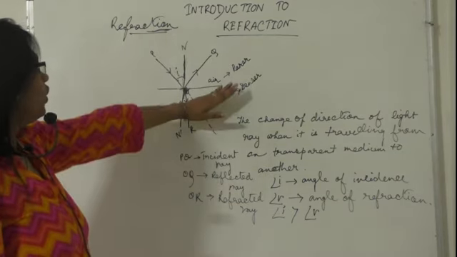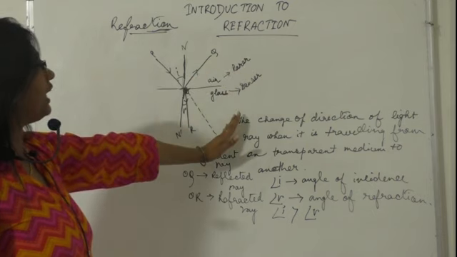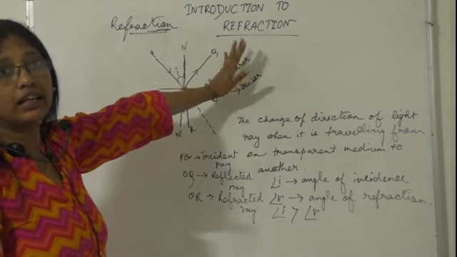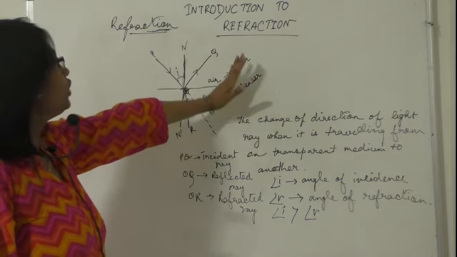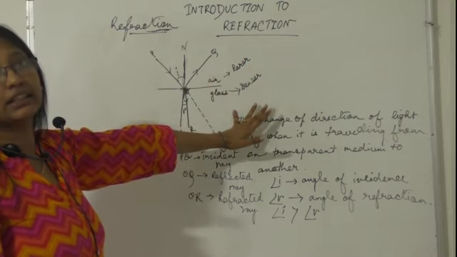Okay. So here we are having one example when the light is traveling through rarer to denser.